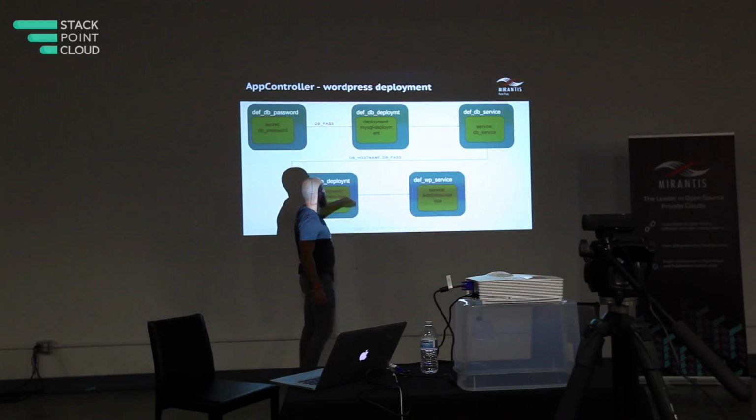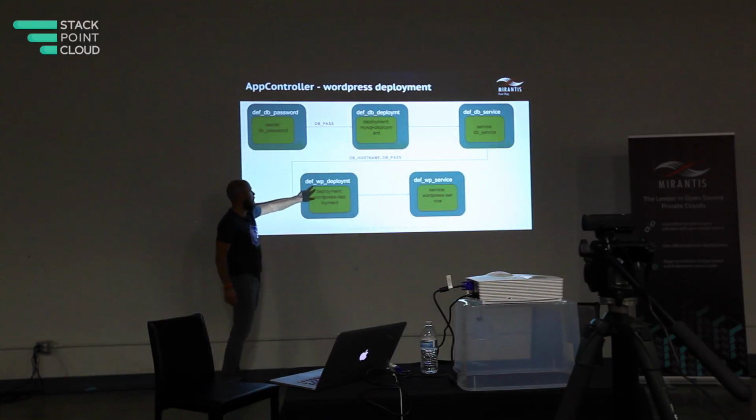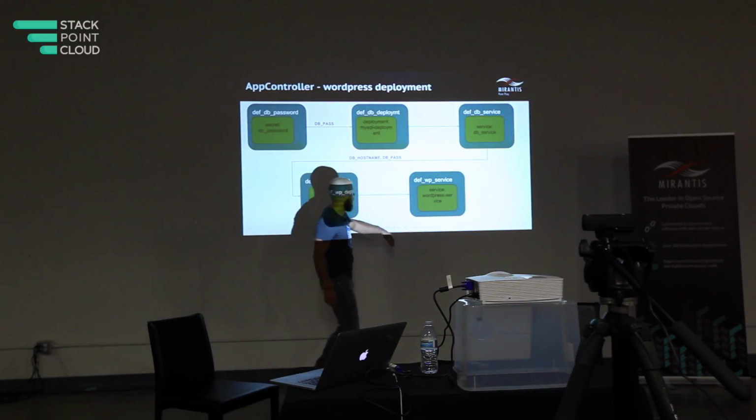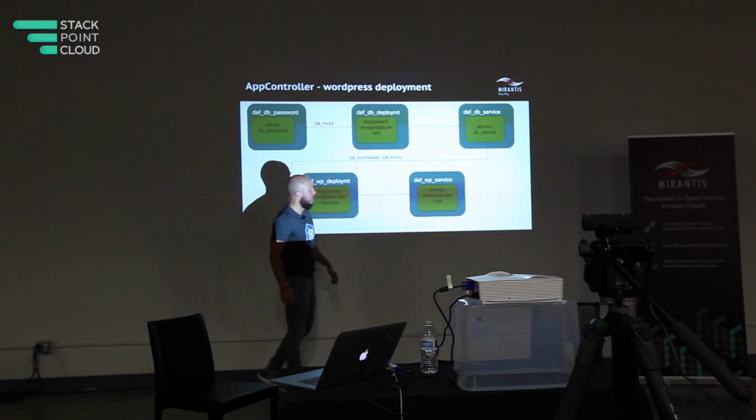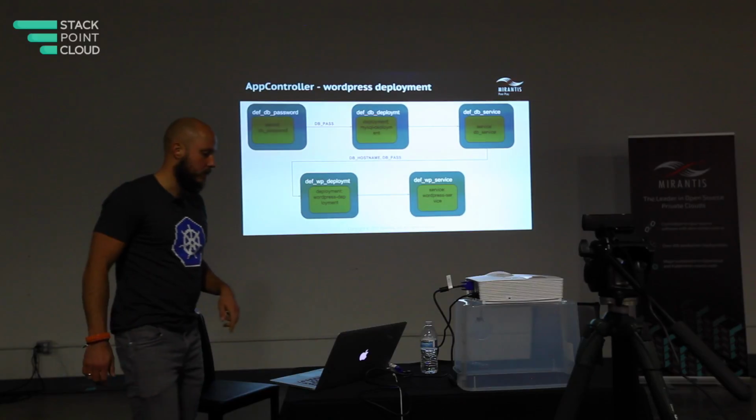The database service will register the DB hostname, and we will use the DB hostname and DB pass variables as a feed to the WordPress deployment in order to create the database connection string for WordPress and allow it to connect to the database. And we will finally expose the WordPress service. So that's how it's going to be working. These are going to be our steps.